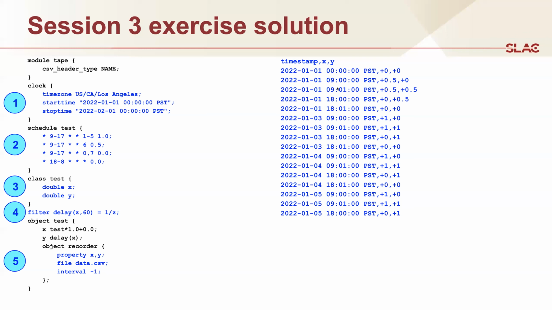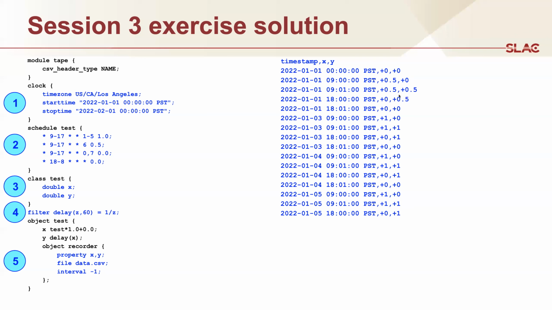And then you'll notice that at 9:01, the value y is updated. You can see that the value of y is still 0 at 9 a.m., but because of the 1-minute time delay, it's updated to the value 1 at 9:01.